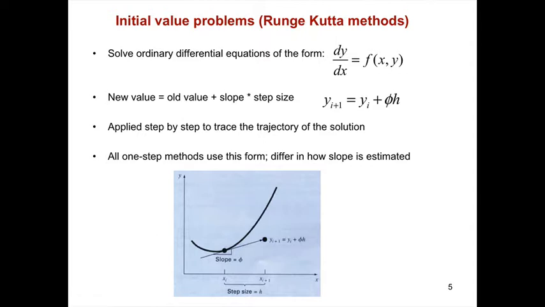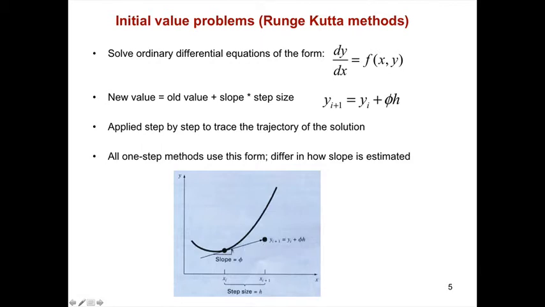Well, the simplest one would be, so let's say that this is actually the function that I'm trying to find out. Okay, I don't know it, but this is the function that is solving my problem. Now, if I'm at this point, that's my starting point where I actually know the precise solution. Then, taking the next point, this is my step size h, and now I really want to find this value, that's my function at xi plus 1, which is h away. Now, the simplest thing I can ever do is just draw a derivative here, the slope, right?